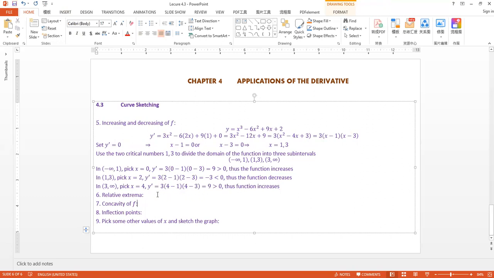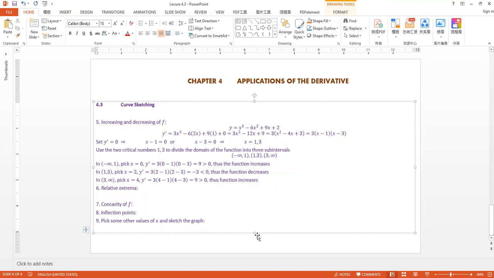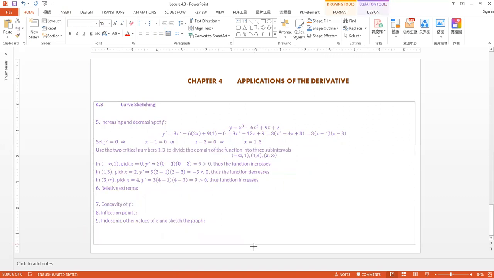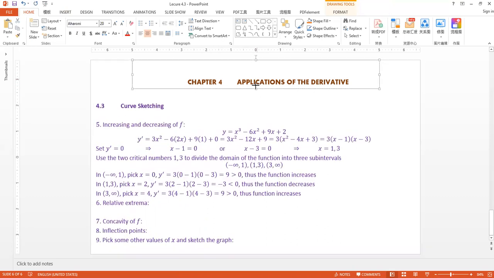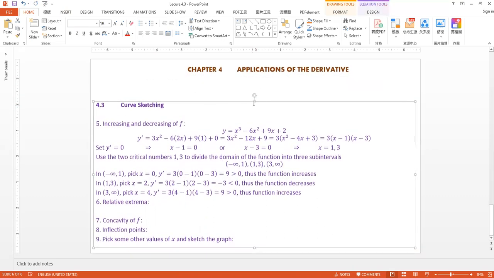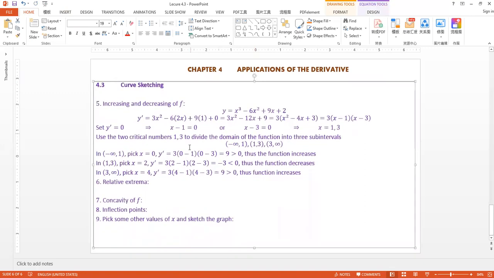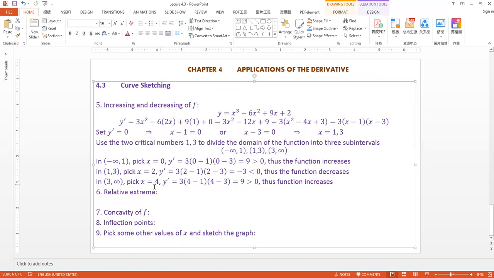So we can use the information in step 5 to locate the extrema of the function.